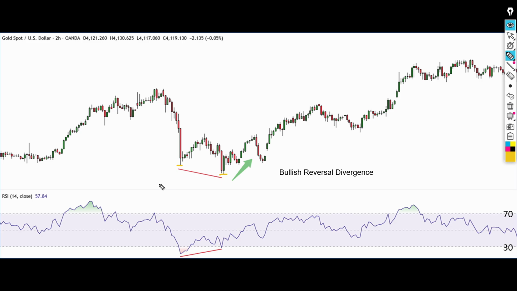Now, how to enter the market? This is very important. Let us consider this particular move. Here I am marking the swing high of this move, and this is the swing low. We can call this the swing low or the demand zone. Here we can see a bullish reversal pattern.